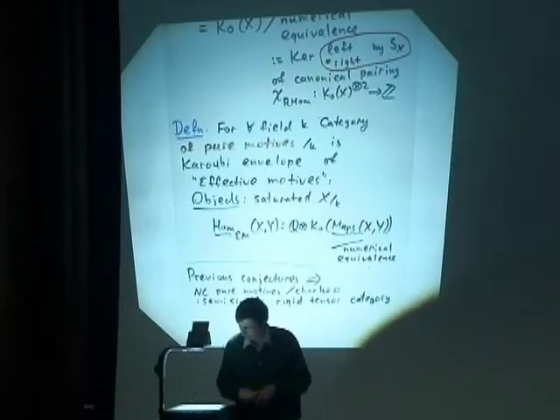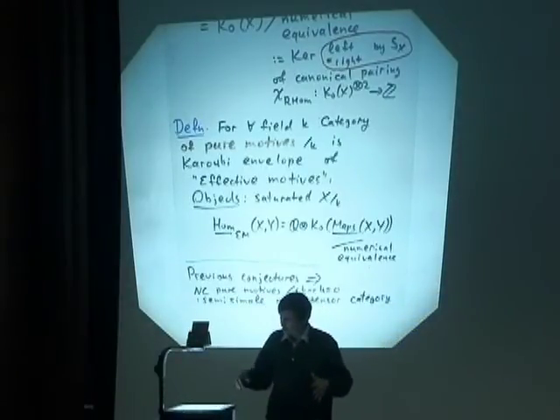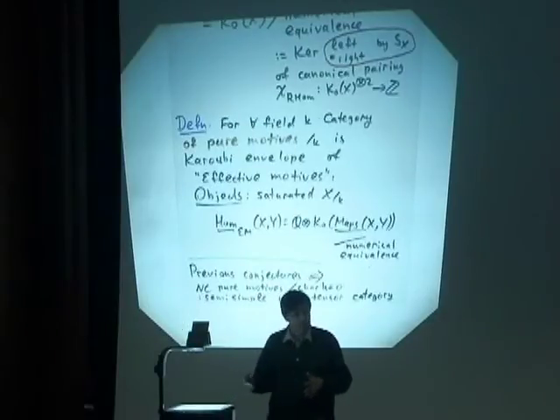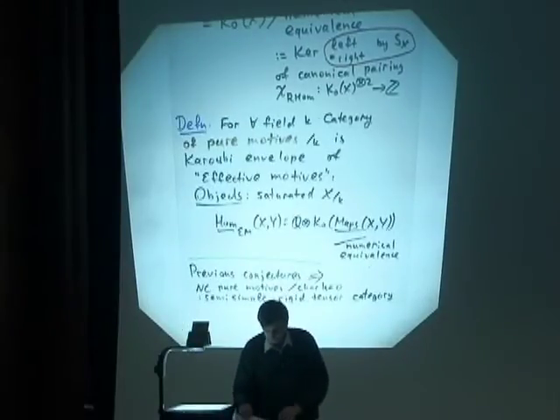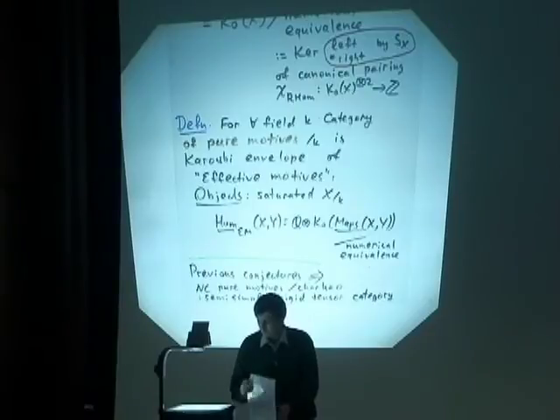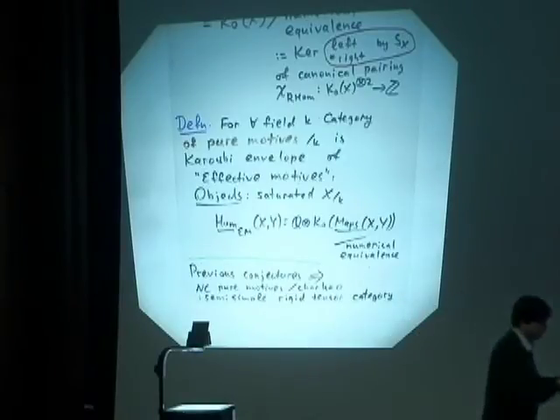So a pretty simple definition. And all previous conjectures imply that this is a semi-simple rigid tensor category. Yeah, so these are pure motives, and the corollary is that we get a pro-reductive group. Actually, a supergroup, some non-commutative motivic Galois group.